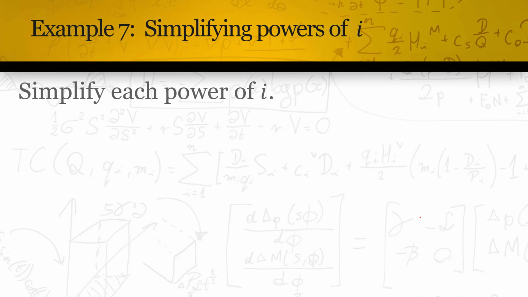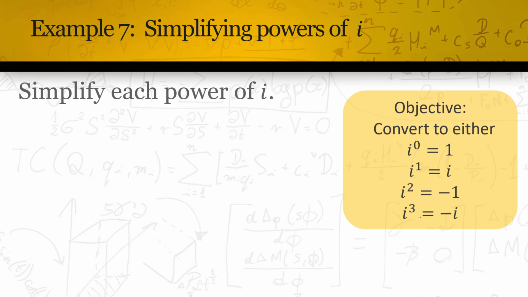And with that, we can use that property to simplify each power of i. The objective here is to take whatever power that is and convert it to either i to the 0th power, which is 1, i to the first, i to the second, or i to the third. So let's take a look at i to the 203. We want to simplify this. How could we do this?